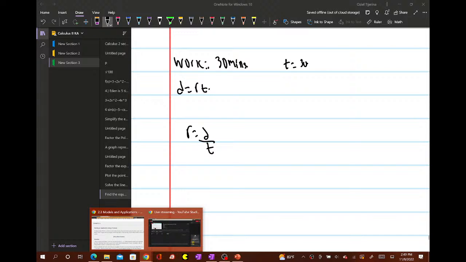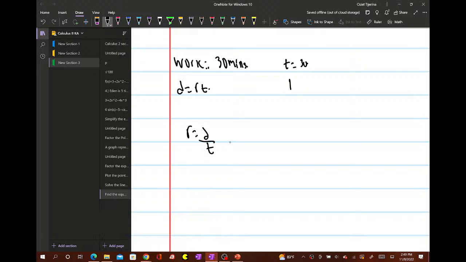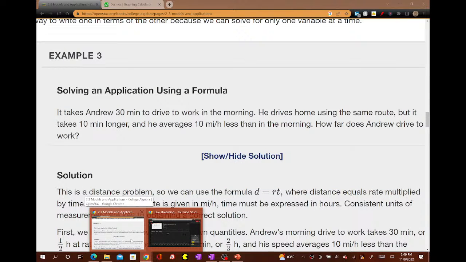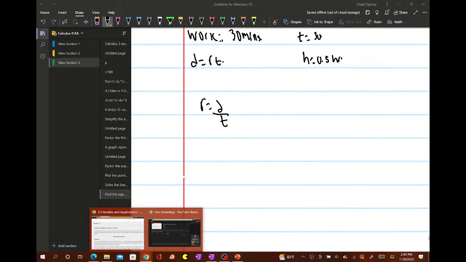So really, distance over time. In hours, that would be 0.5 hours, right? So we know T. But at home, it takes him 10 minutes longer.